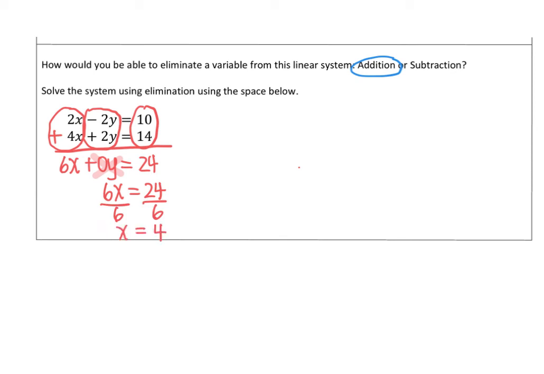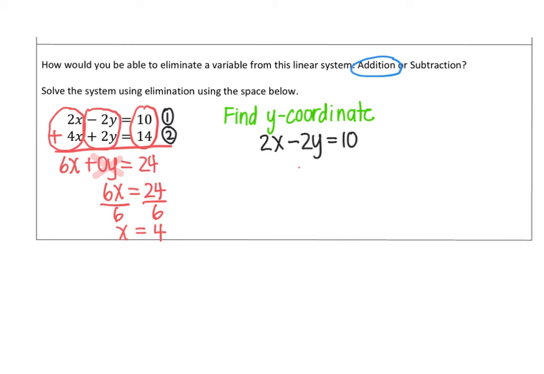We'll take this x equals 4 and use it in, let's say, equation 1 this time. So we'll take 2x minus 2y equals 10, and we'll substitute x equals 4. This means we'll have 2 times 4, or 8, minus 2y equals 10.